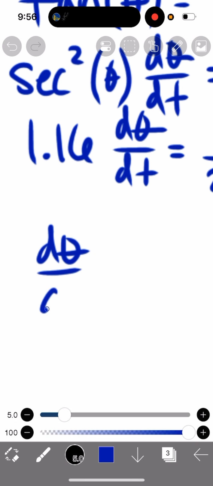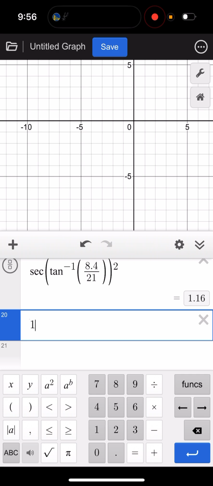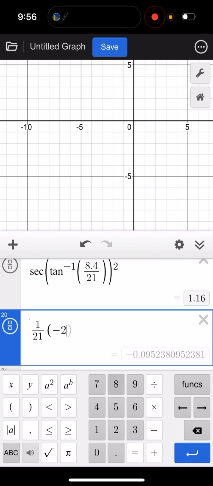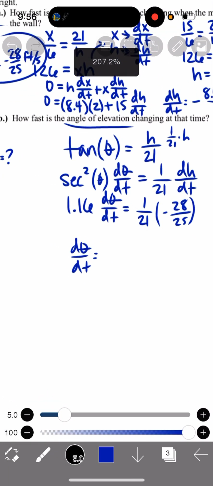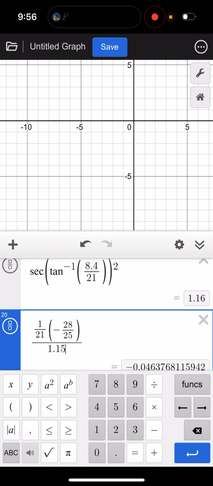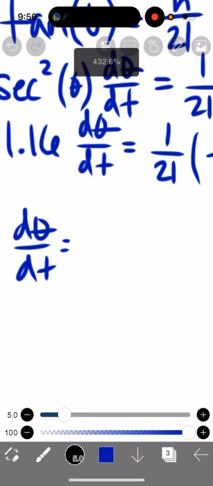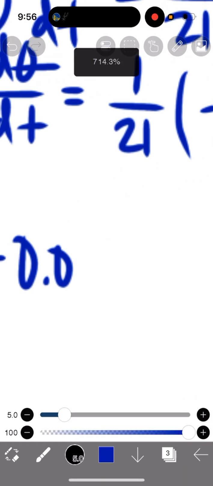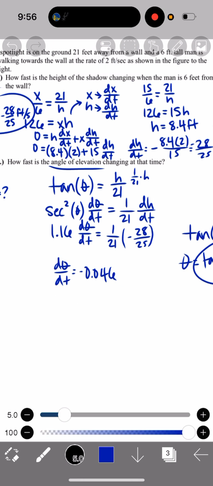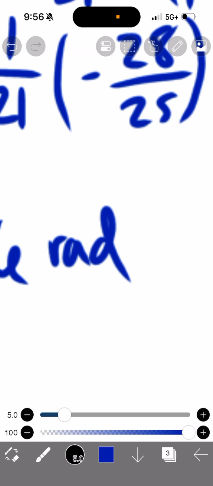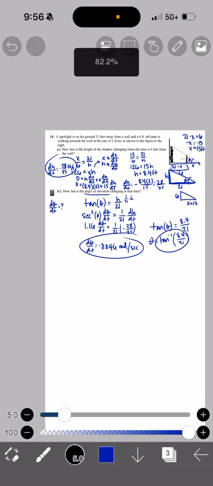So d theta over dt is equal to 1/21 times negative 28 over 25, divided by 1.16, which is negative 0.046. And that would be radians per second. There you go.